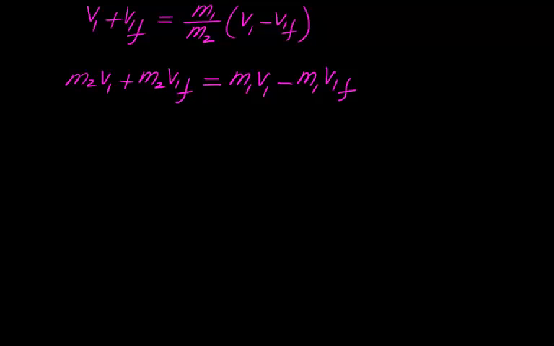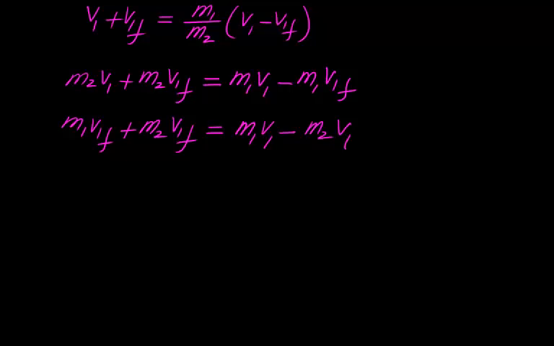The v1 final, we're going to move it to the left hand side, and the v1 terms, we're going to move them to the right hand side. As a result, you obtain m1 v1 final plus m2 v1 final, that is going to equal m1 v1 minus m2 v1.